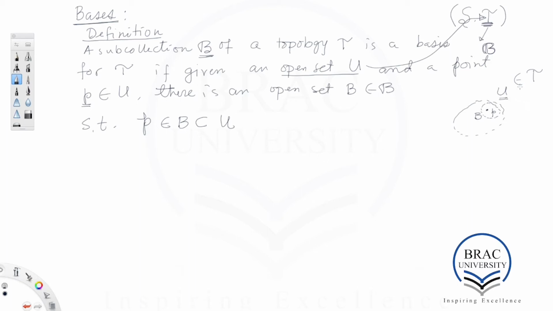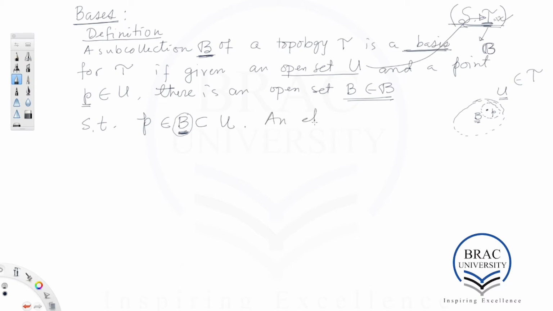So it happens for all the points of this open set U. So first you choose an open set from this collection of open sets in your topological space, and then for any point P in U, you should be able to find an element from this subcollection such that P also belongs to this element of the subcollection, and this element of the subcollection is contained in your open set. Okay, and then this subcollection is called the basis for the topology tau.